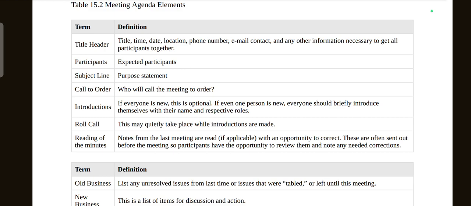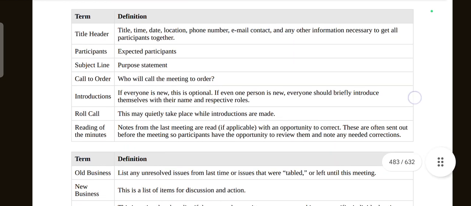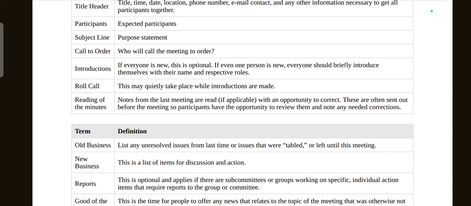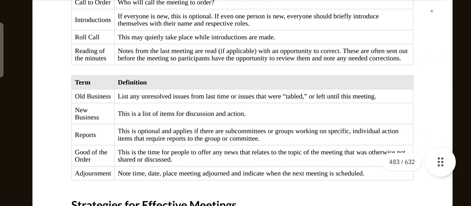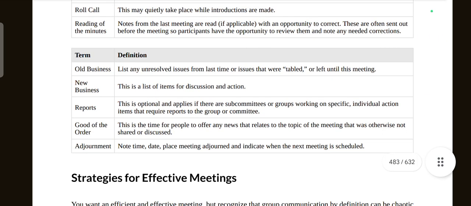These are notes from the last meeting that are read with an opportunity to correct. They are often sent out before the meeting, so participants have the opportunity to review them and note any needed corrections. The old business lists any unresolved issues from last time or issues that were tabled or left until this meeting.